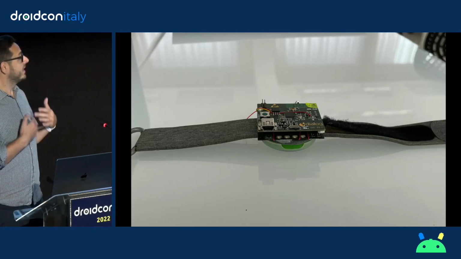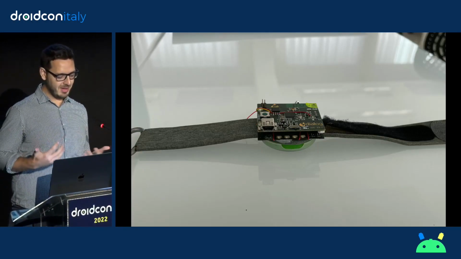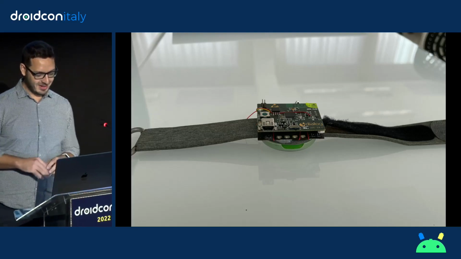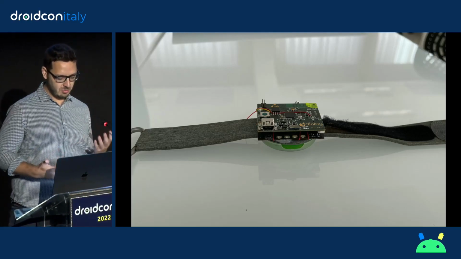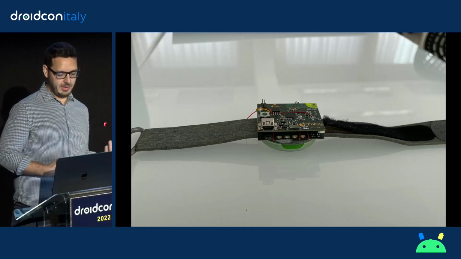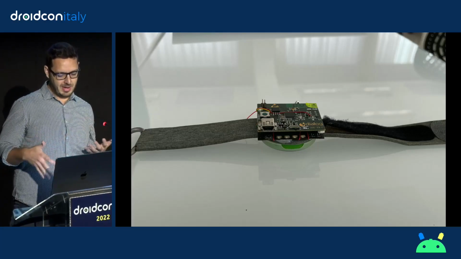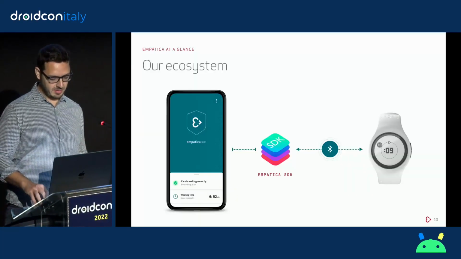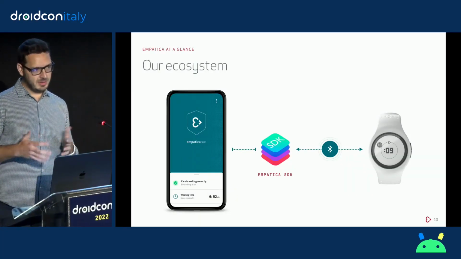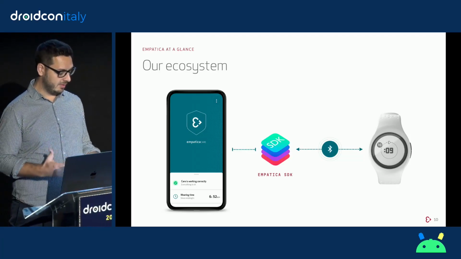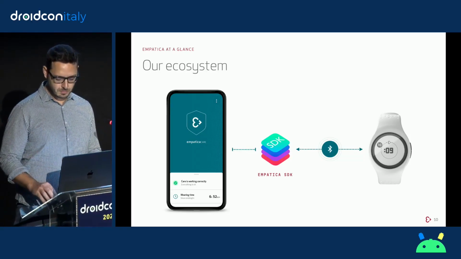Two years ago, the hardware was not so fancy. Imagine the software. Everything started from a prototype like this one, and while we were working on it, we were sitting together, mobile and firmware developers, developing the SDK. In the end, we built a full ecosystem composed of a wearable, an SDK, and the companion app.